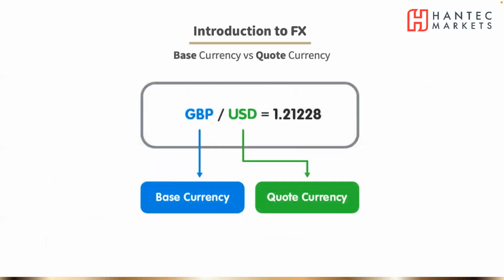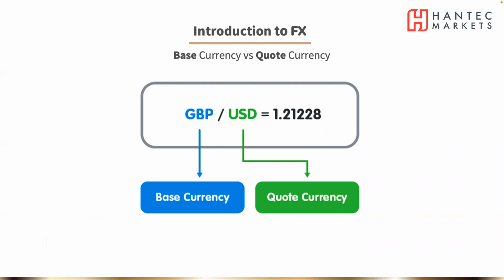So you have the base currency versus the quote currency. In this example, the base currency is GBP. So what I'm saying is one GBP, one Great British Pound, is equal to $1.21228. I'm quoting in USD. So it's the quote currency against the base currency.